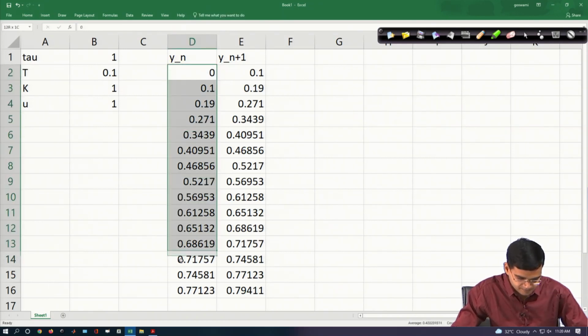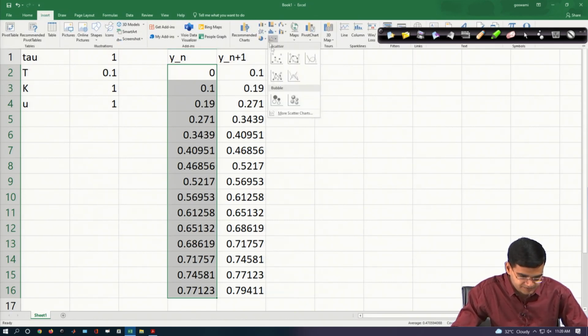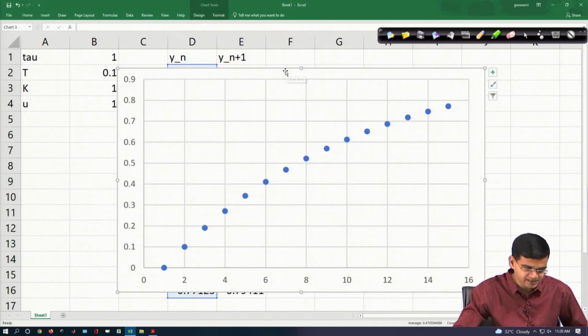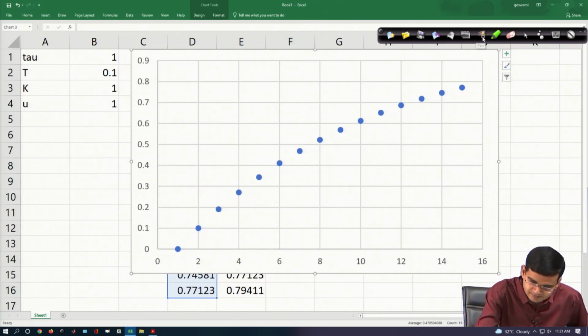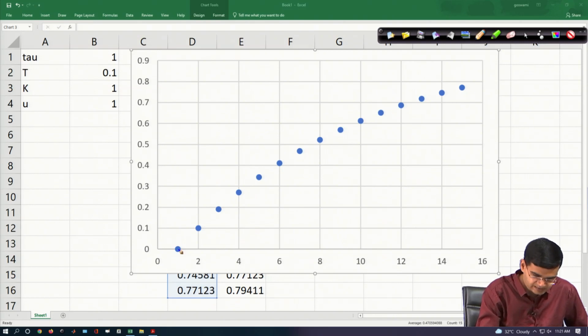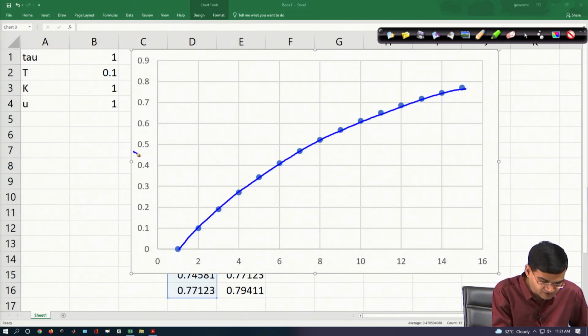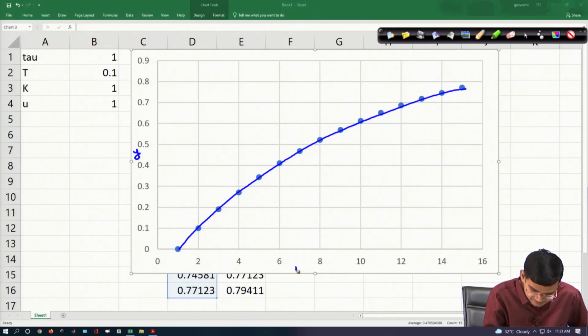So, let me draw this entire plot, and what I see here is this, that I start with 0, 0 and I get a trend which looks like this, right. And what is on the y axis? This is y. What is on the x axis? This is t, t n, y n.